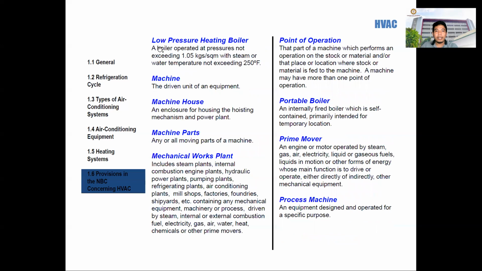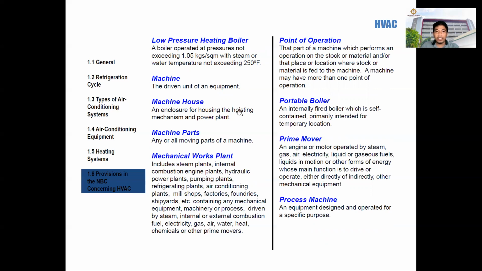Another is a low pressure heating boiler. It is a boiler operated at pressures not exceeding 1.05 kilogram per square meter with steam or water temperature not exceeding 250 degrees Fahrenheit. Then you have a machine that is driven unit of an equipment. And then a machine house, machine part, mechanical work plants.